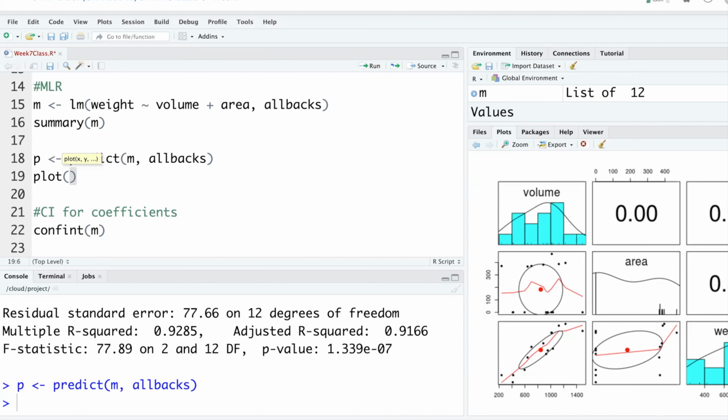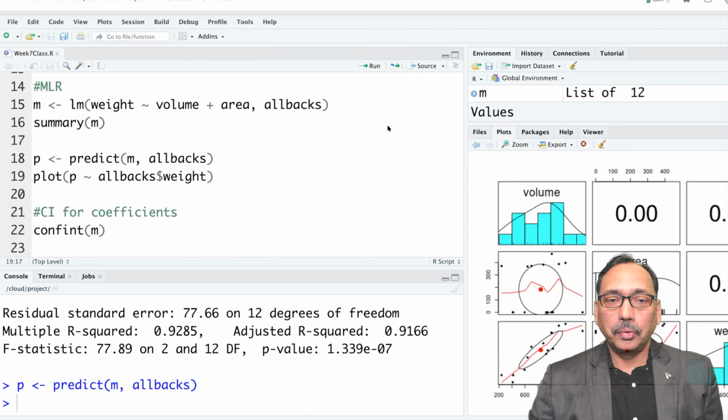So let's put predicted values P on the y-axis, and on the x-axis we'll put the actual response, all backs dollar weight. What should we expect? Like, what is our hope? If we are making a model, we are predicting or estimating response values using our model. So between predicted value and actual value, what should we expect?